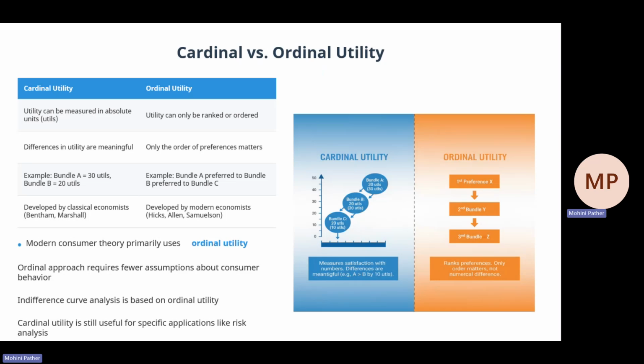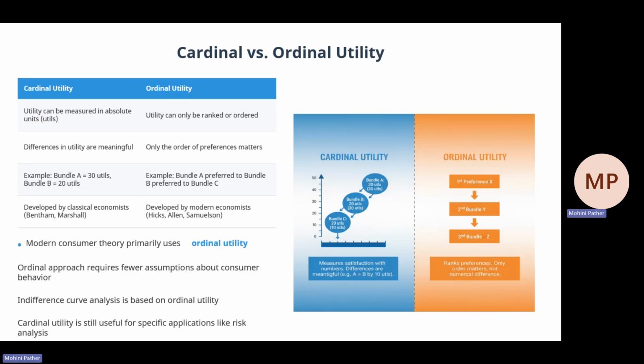Okay, so the one was developed by classical economists, that would obviously be cardinal utility, and the other was developed by modern economists. So obviously in today's world, it's less about being able to attach utils. It's more about ranking the order in which we have our needs and wants.